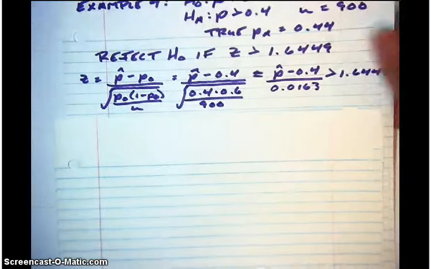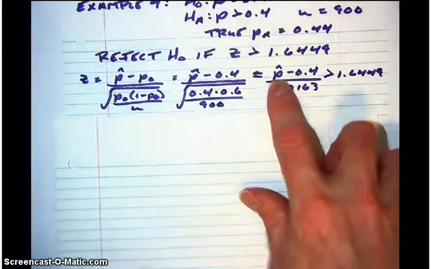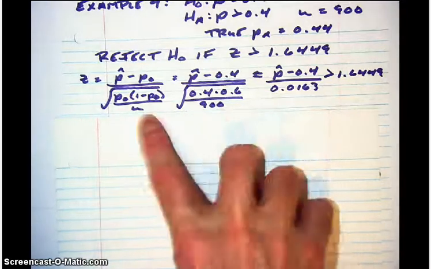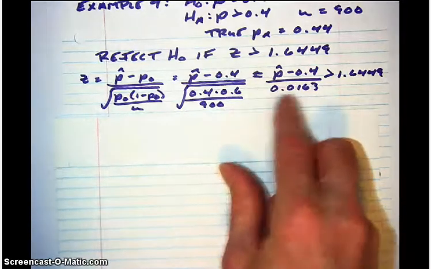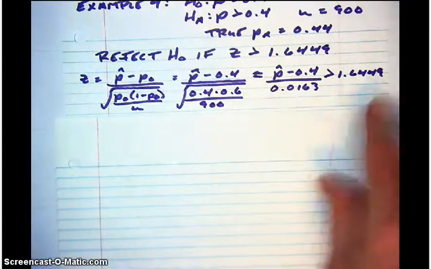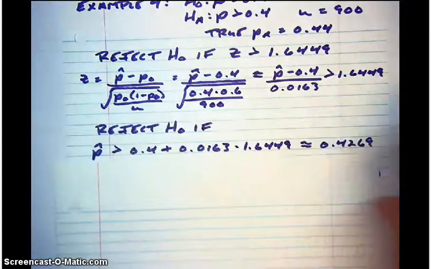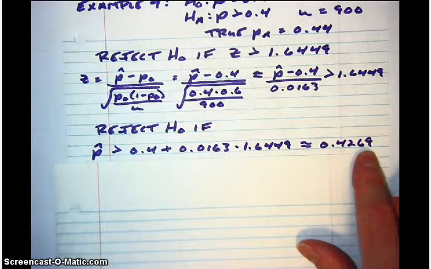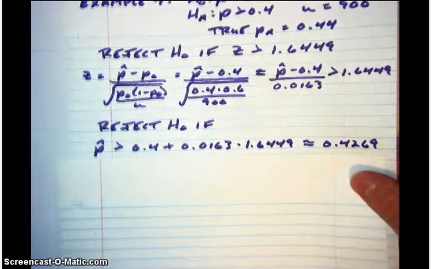And then the p-hat that we would need to get in order to reject, we can get by doing this calculation. You notice with the sample size being different, the standard deviation is going to be a lot less than it was in example 1. And anytime we get a p-hat bigger than 0.4269, we would reject the null.